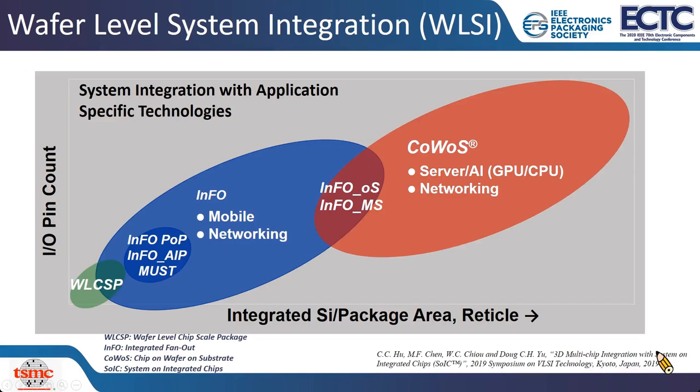To perform advanced heterogeneous integration, TSMC has provided wafer-level system integration technologies as 3D system integration platform, such as wafer-level CSP, InFO, and CoWoS, for the desire of high interconnection density, high bandwidth, and high power efficiency.